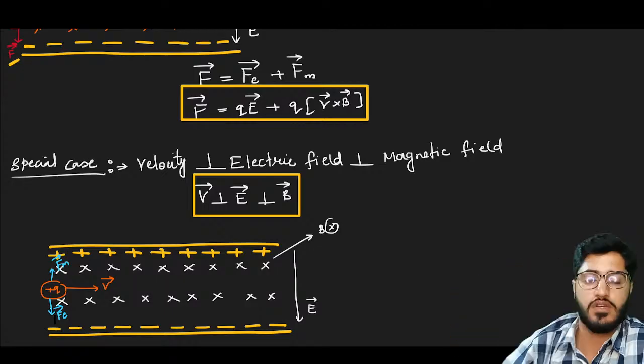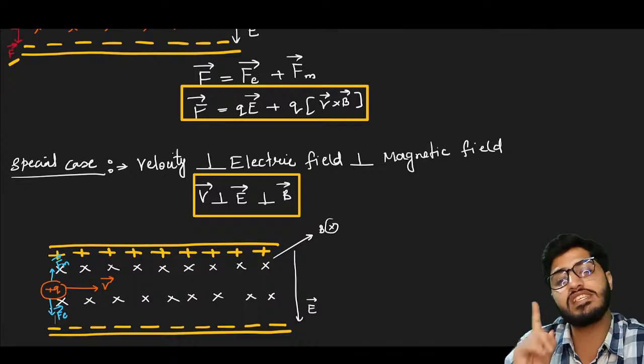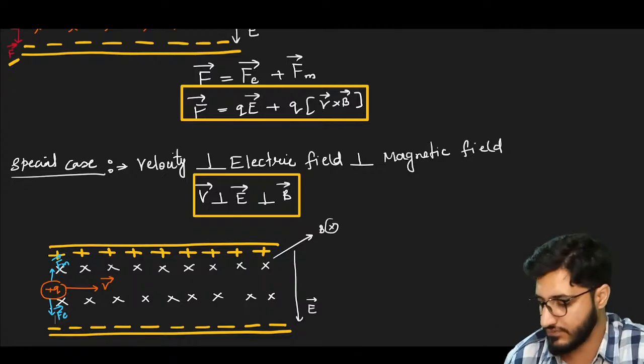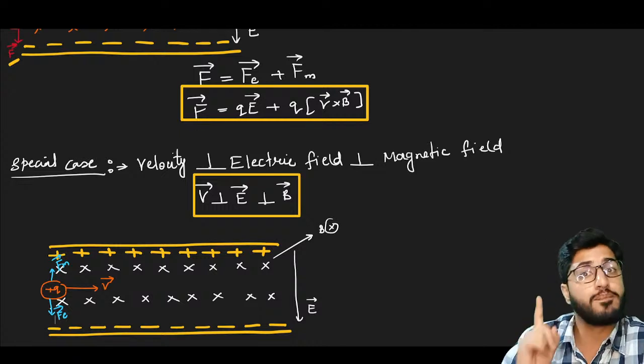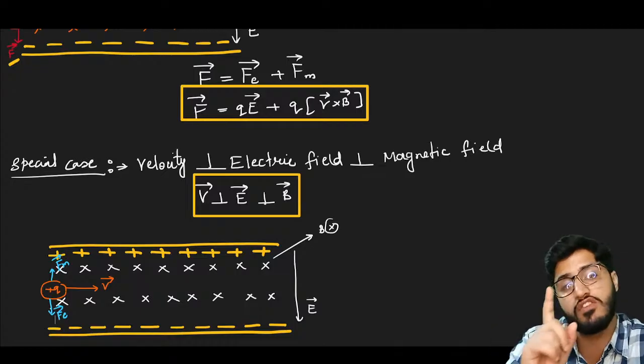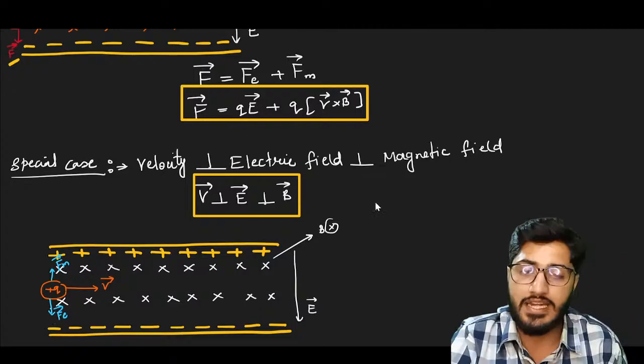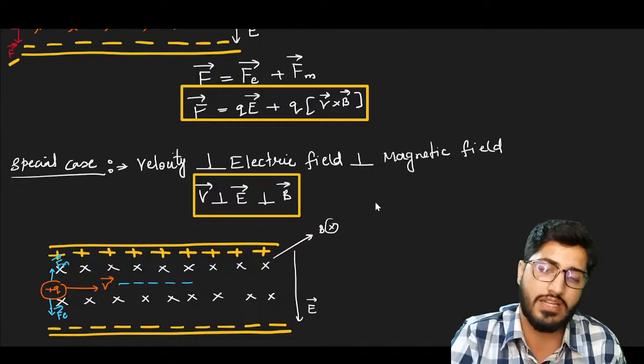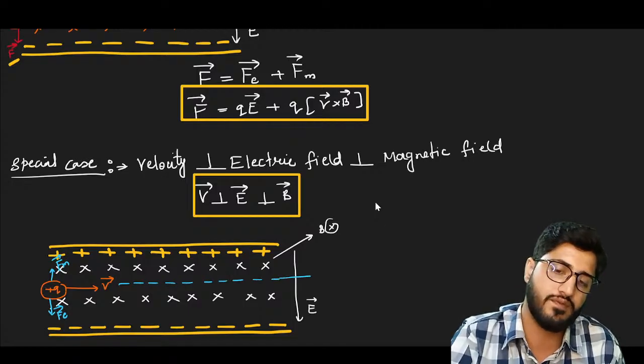Now, my aim is, I need this particle to cross this field without deviation. Listen to my words. I want the particle to cross this kind of field without deviation. That means I need this particle to go along this line without any deviation.